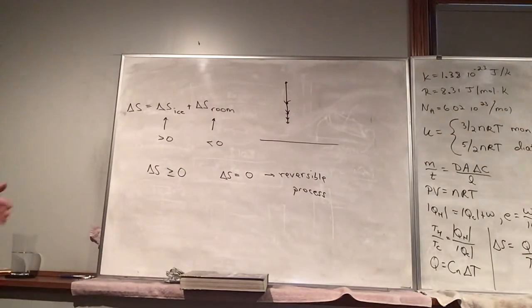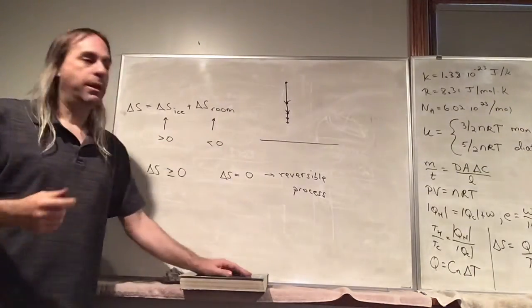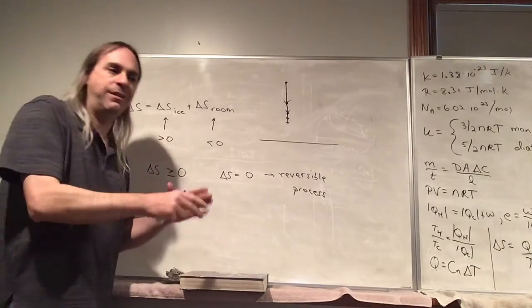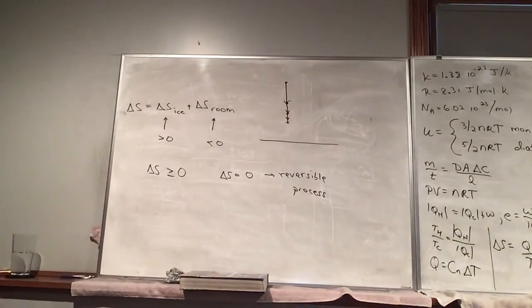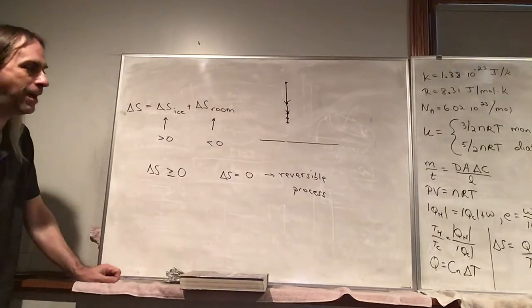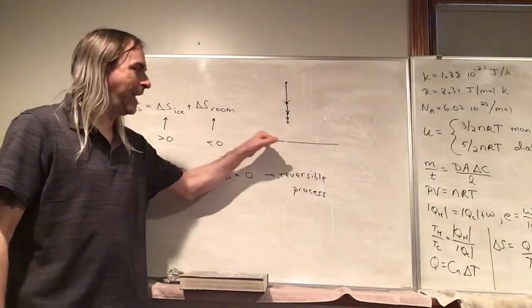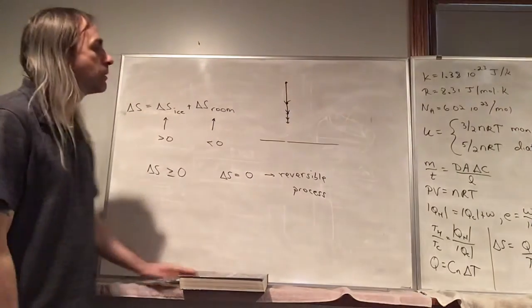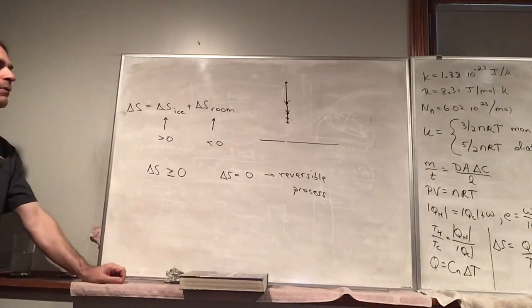To where, when you get close to absolute zero, you can put in a ton of energy and the temperature's just going to drop a tiny amount. And so overall, absolute zero in a sense represents a limit. You'll never reach absolute zero. So that's the third law of thermodynamics.